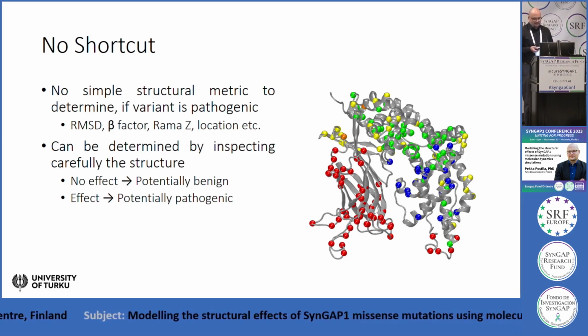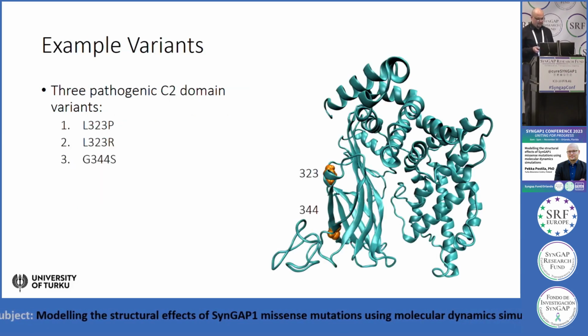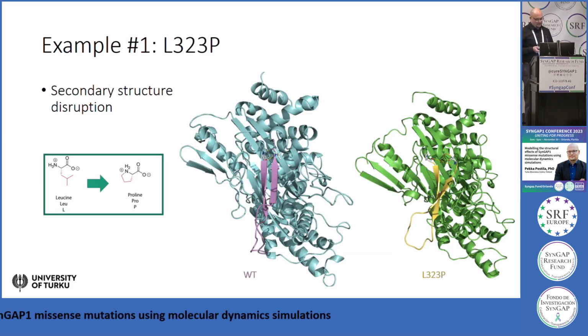We haven't really found any metric like that from the simulations so far. So that's a problem. But at the same time, I have to say, if you actually carefully look at the structures, you start to see clear signs there. So if there's an effect, then it is potentially pathogenic, and the opposite with the benigns.